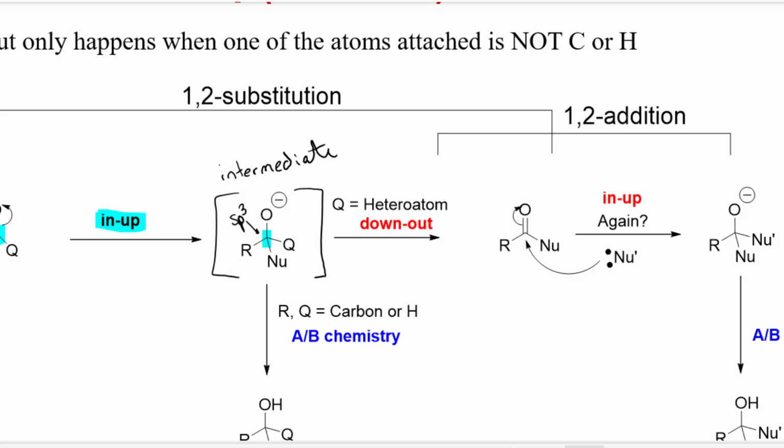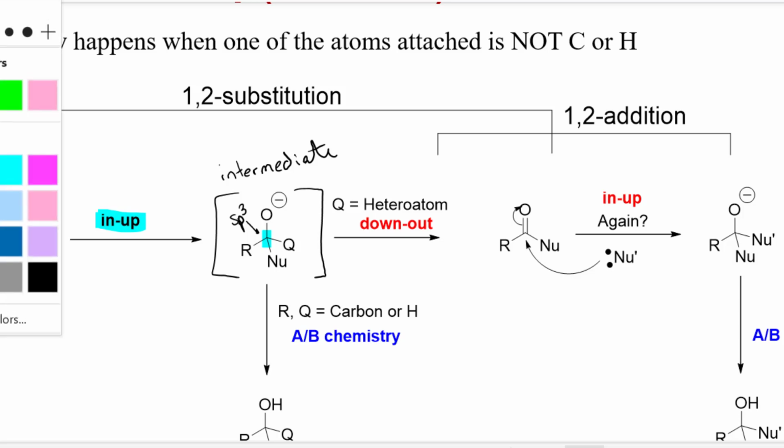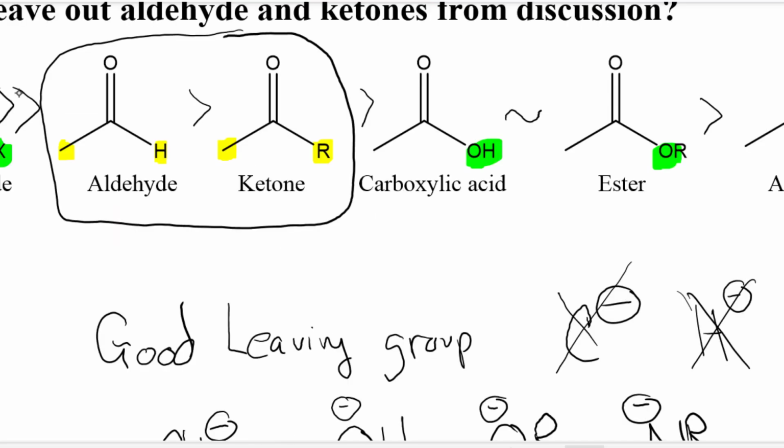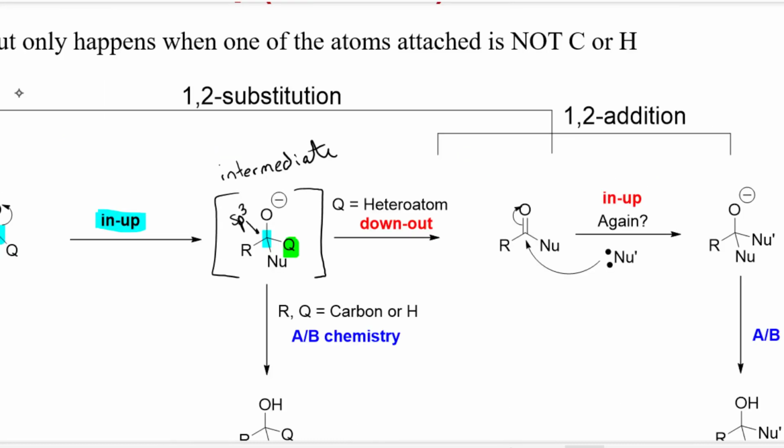It's at this intermediate stage where we've got to analyze what kind of groups we have off of our carbon. If Q is something that is not carbon or hydrogen, right? One of the green ones, if it's an OH or an OR or an NR2 or a chlorine. So if it is not a carbon or a hydrogen, then the electrons can come right back down and kick off that leaving group.